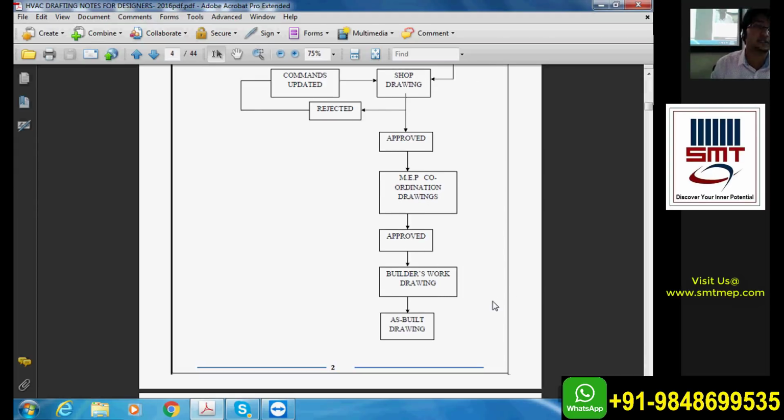Now what is a builder's work drawing? From the word itself, on the construction side, inclusive of shop drawings of all services from the starting. Okay, whatever labor you have, whatever availability there is on site, the builder's work drawing is not only going to get your labor who is good in the HVAC part, or who's good only in the electrical part, or who's good only in the civil part.